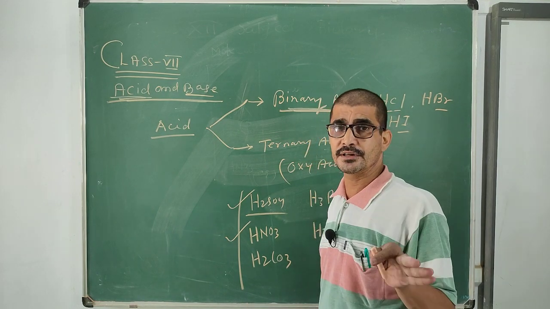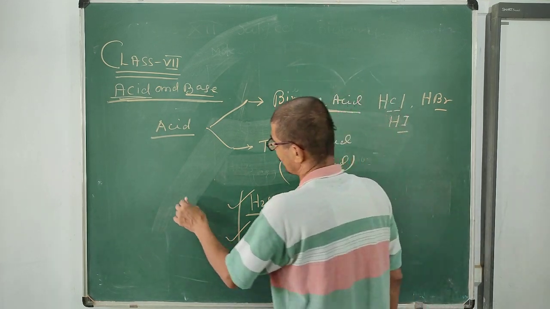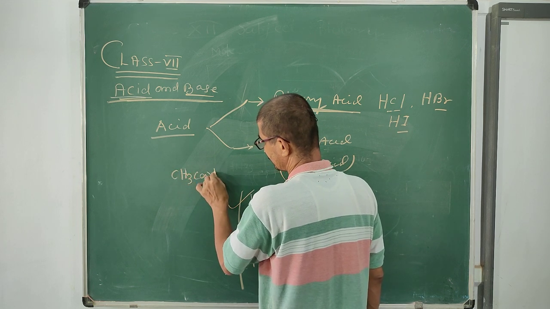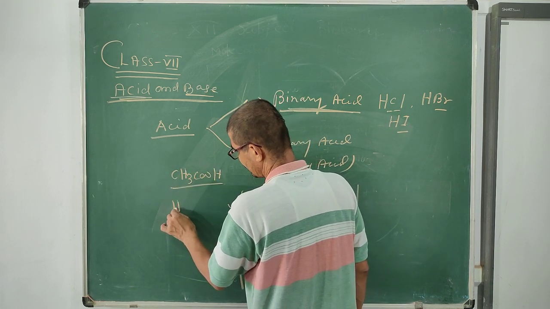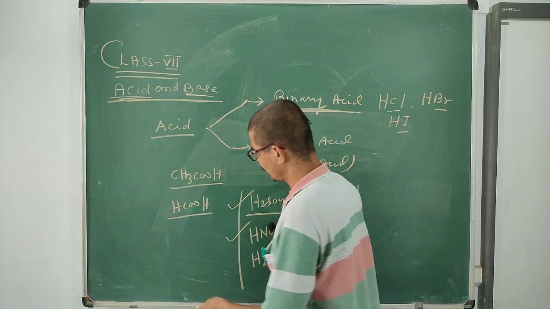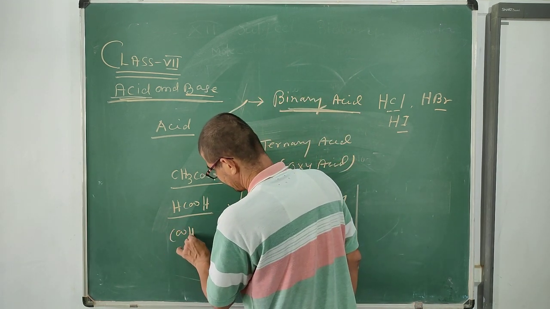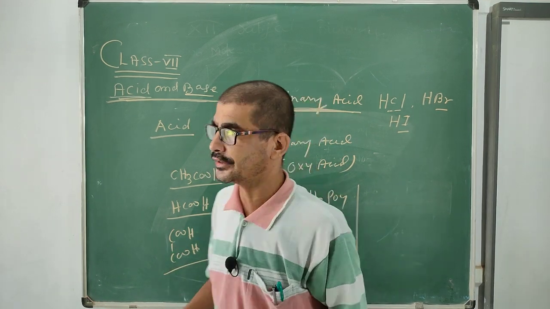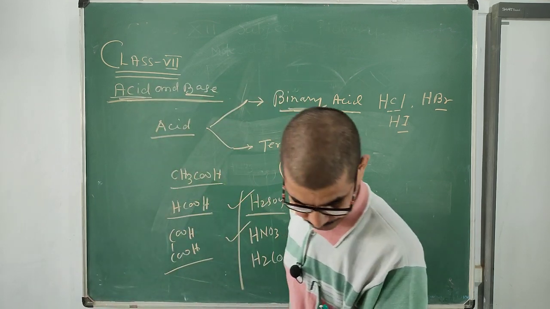All organic acids are weak acids. Acetic acid is a weak acid which is present in vinegar. Formic acid is also a weak acid which is present in red ant. Oxalic acid, which is present in guava, is also a weak acid. So all organic acids are weak acids.